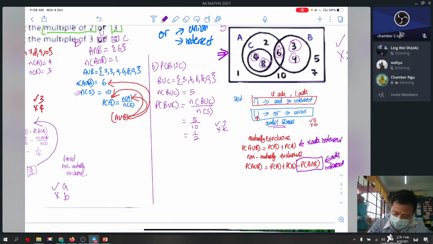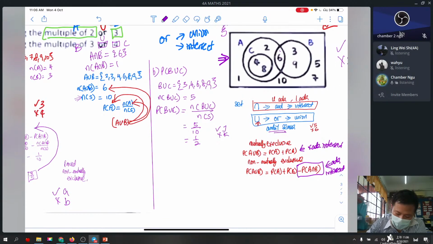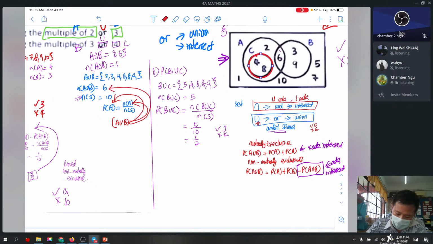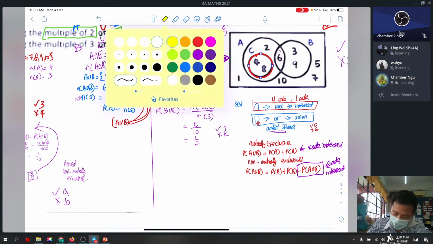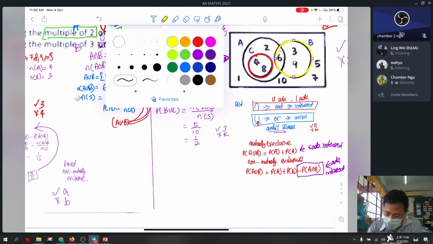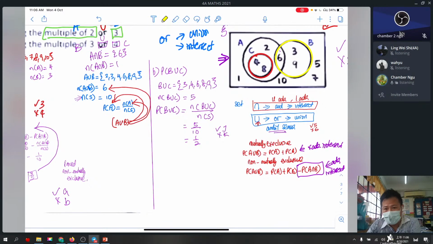Before I prove it, you see the case of set B and C. I use the red color to circle set C, and the yellow to circle set B. From what I circled, can you tell me, is there any intersect between them? Do the two sets intersect or not?